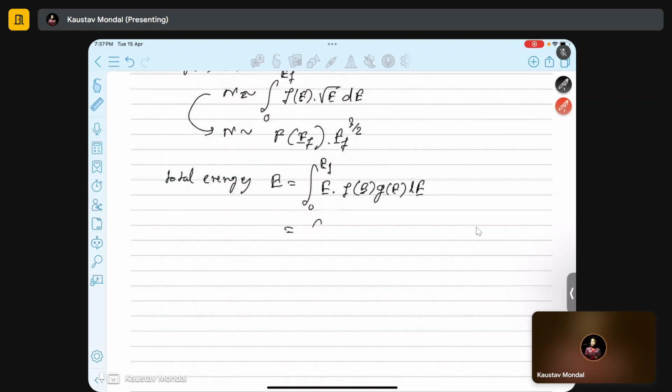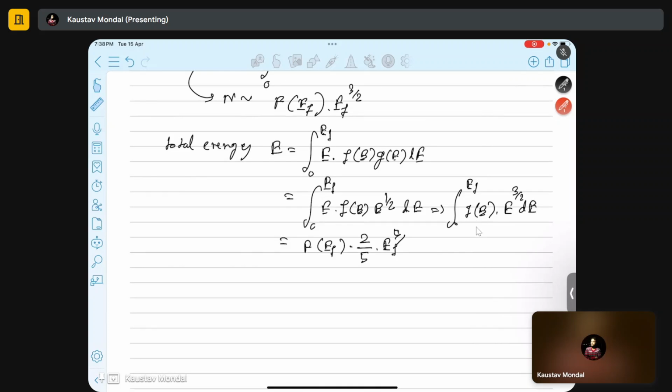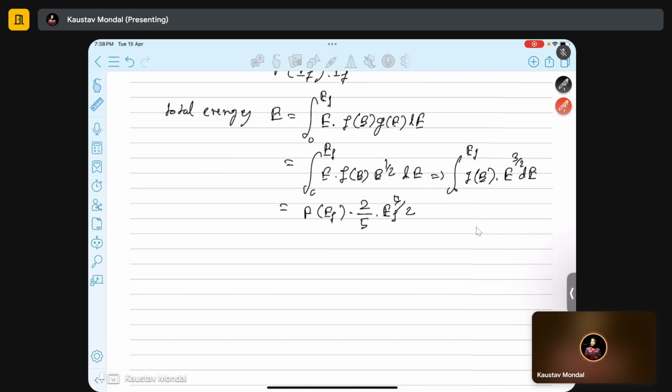In a similar way, this gives the integral of F(E) E to the power 3 by 2 dE, which simply gives you a function of EF to the power 5 by 2. This comes because the integral of E to the power 1/2 plus 1 gives you 3 by 2, and then 5 by 2. That is fine. So the total energy E would be this, right?